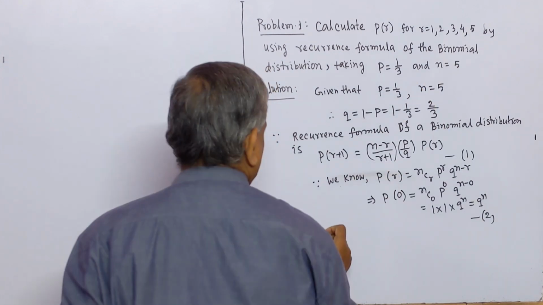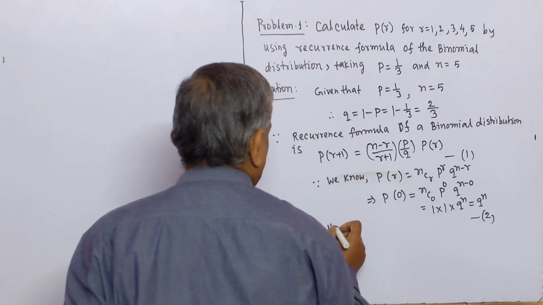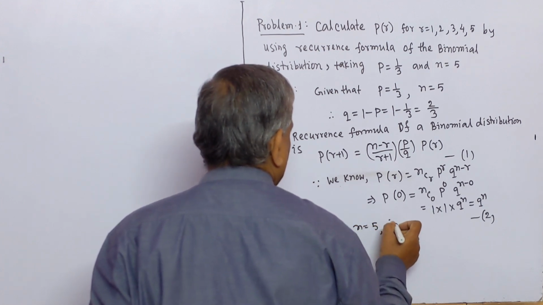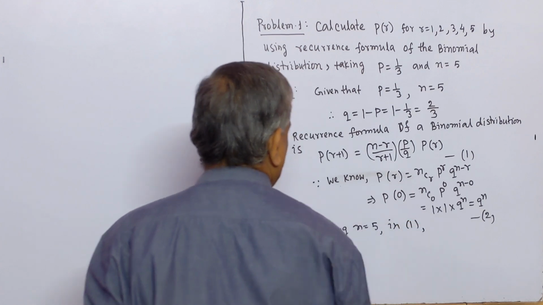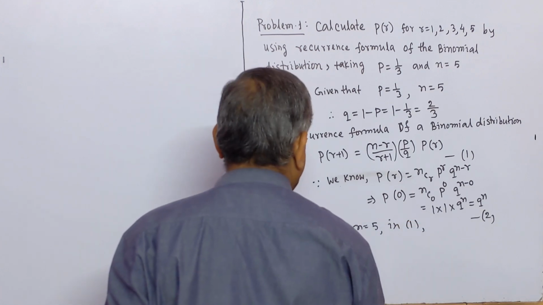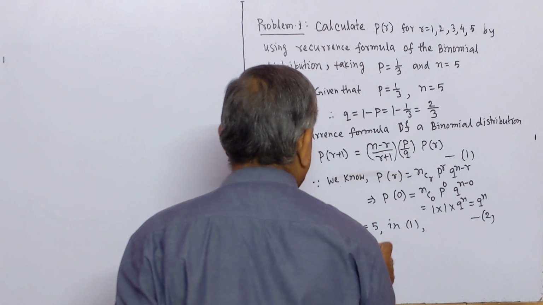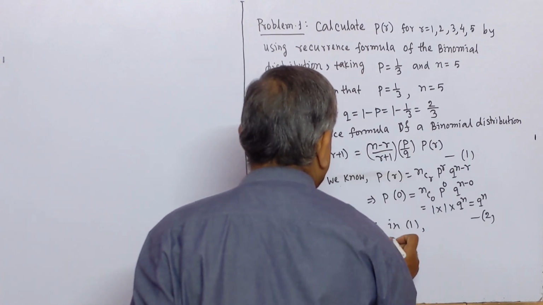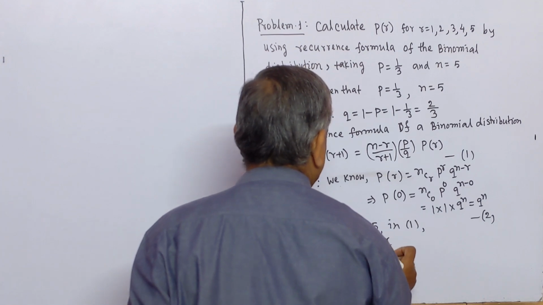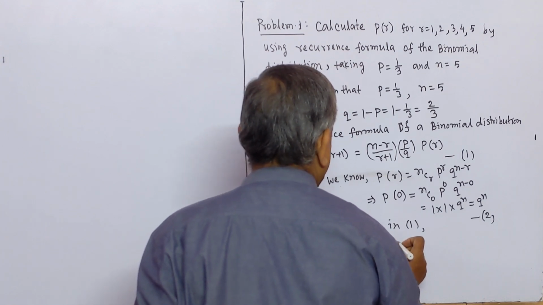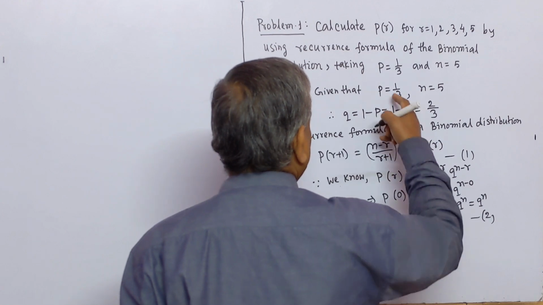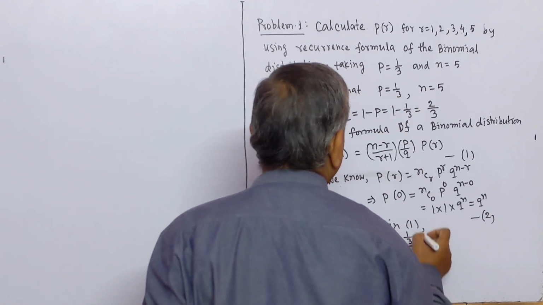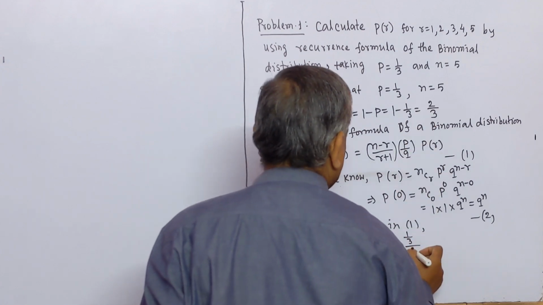Therefore, putting n equal to 5 in 1, P(r plus 1) equal to, here n equal to 5, (5 minus r) by (r plus 1), and value of p is 1 by 3. Value of q is 2 by 3.